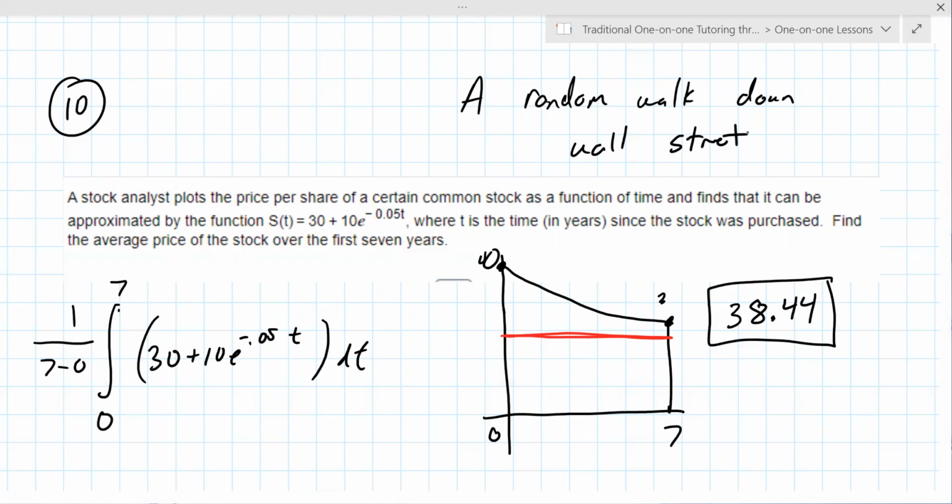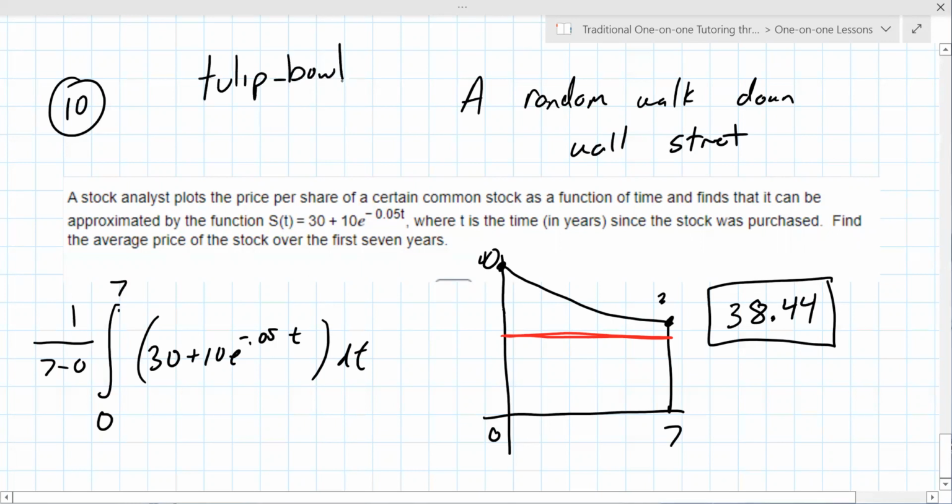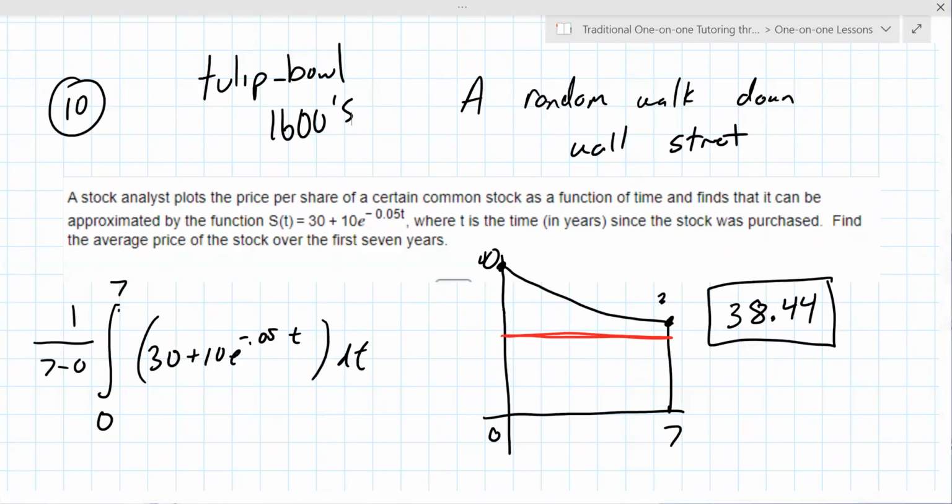And in some ways he's right, because it will eventually go up. He also covers something interesting: there used to be this tulip bulb craze in the 1600s. People were nuts over these tulip bulbs that were coming from somewhere else in the world. So anyway, all right, so 11.